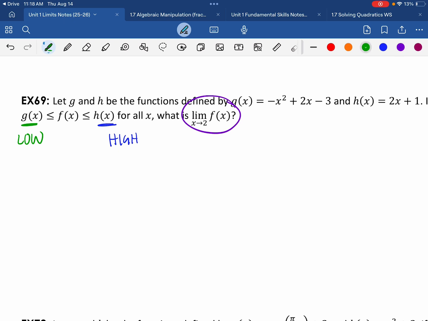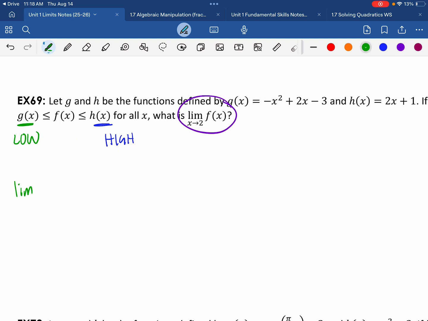Okay, so I'm going to plug into the g of x first, the low function. So the limit as x approaches 2 of negative x squared plus 2x minus 3. So I've got negative 2 squared plus 2 times 2 minus 3, which is going to give me negative 3.